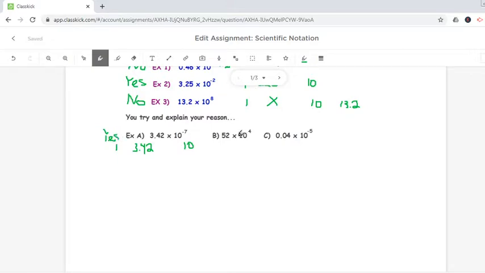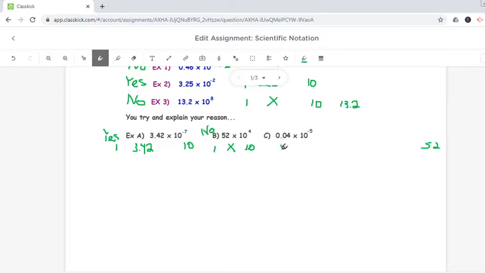Okay, let's look at this one. 52 times 10 to the fourth. We have 1 and 10. Okay, 52 is not here. 52 is way over here. So, no, this is not in scientific notation. And 0.04 times 10 to the negative fifth.